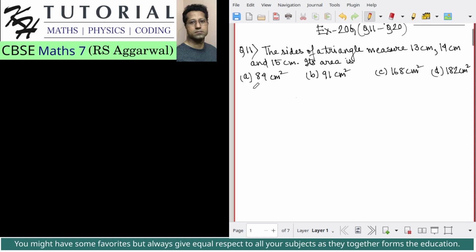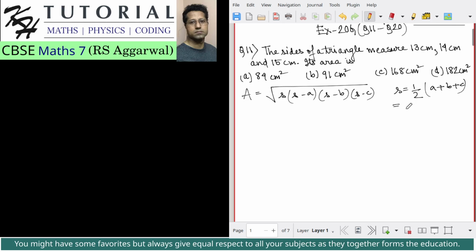The Heron's formula is: area A of a triangle is square root of S multiplied by S minus A multiplied by S minus B multiplied by S minus C, where A, B, C are the length of the sides of the triangle, and small s is the semi-perimeter, which is half of A plus B plus C. A plus B plus C is the perimeter of the triangle, so semi-perimeter means half of it.